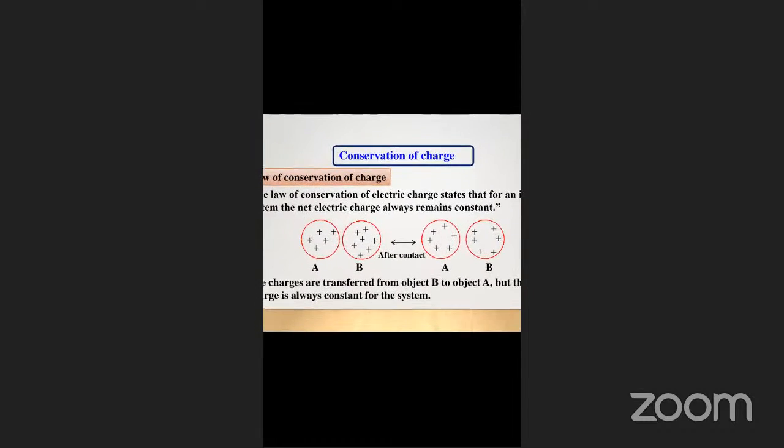Once again, the law of conservation of electric charge states that for an isolated system, the net electric charge always remains constant. So you can observe this diagram.